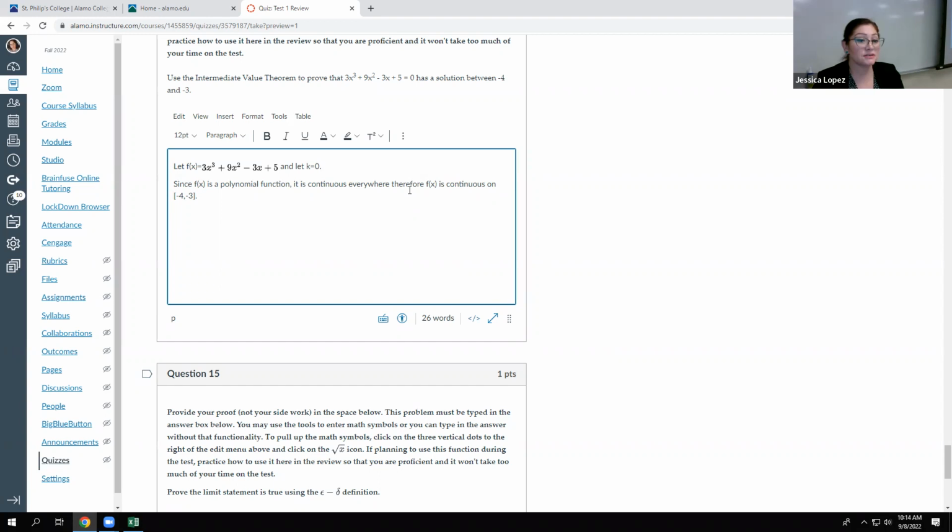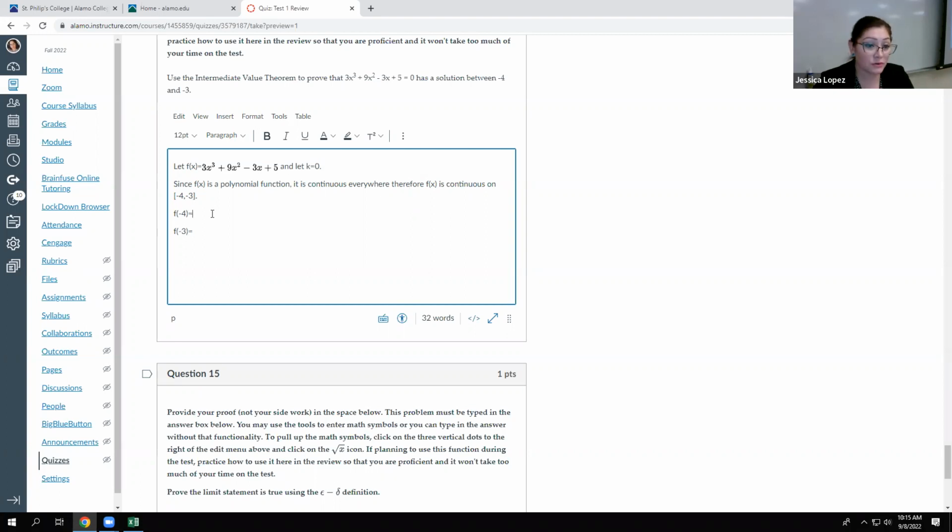Then the second criterion is to show that when I plug in -4 for x, and when I plug in -3 for x, my y values, one will be positive, one will be negative, hence around the k value 0. Okay, so we'll do f of -4, and then f of -3.